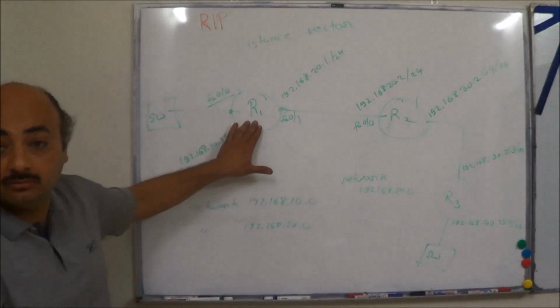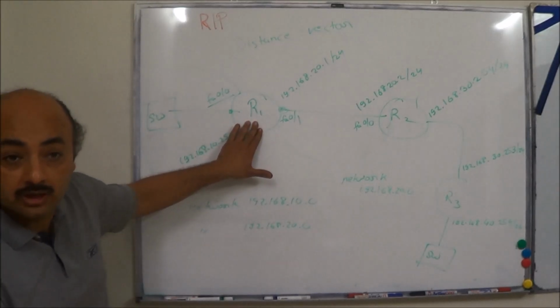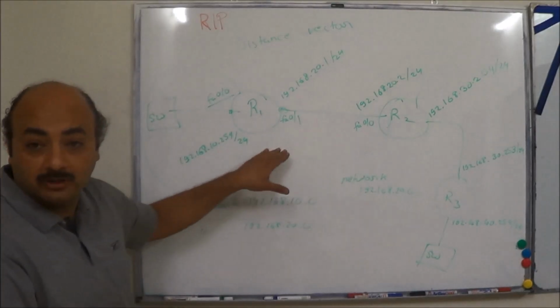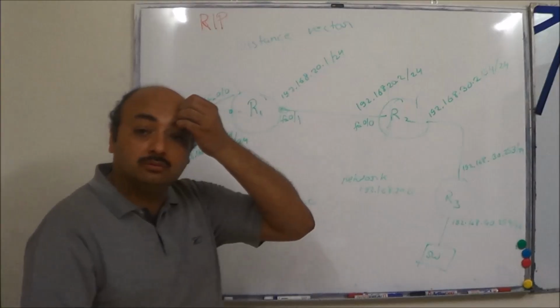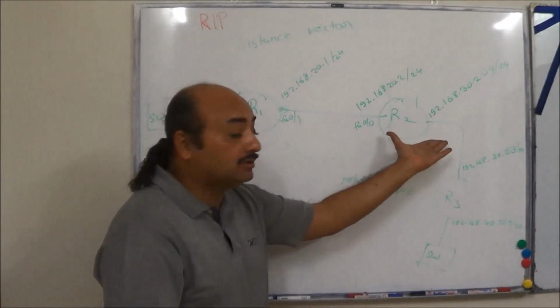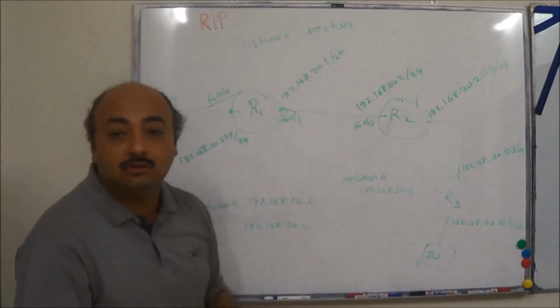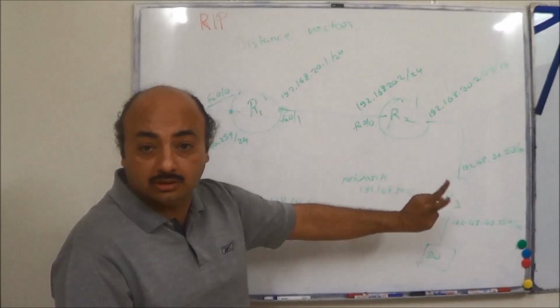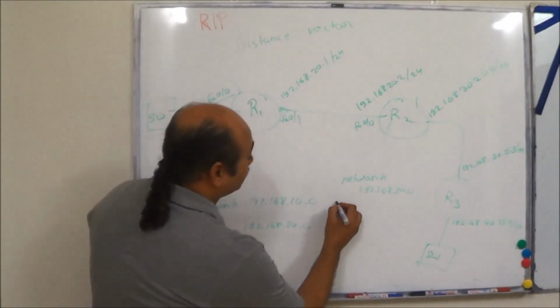How many routes on R1? 2, 10 and 20. It will ignore the 20 coming from here. How many routes on R2? 3: 10 and 20 and 30 it has, and the 10 that it is receiving from here. How many routes on R3? Still 2. Wonderful. Network.